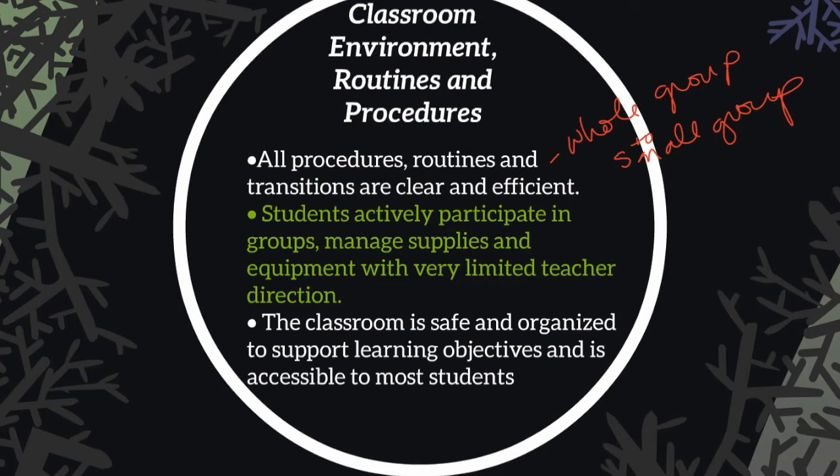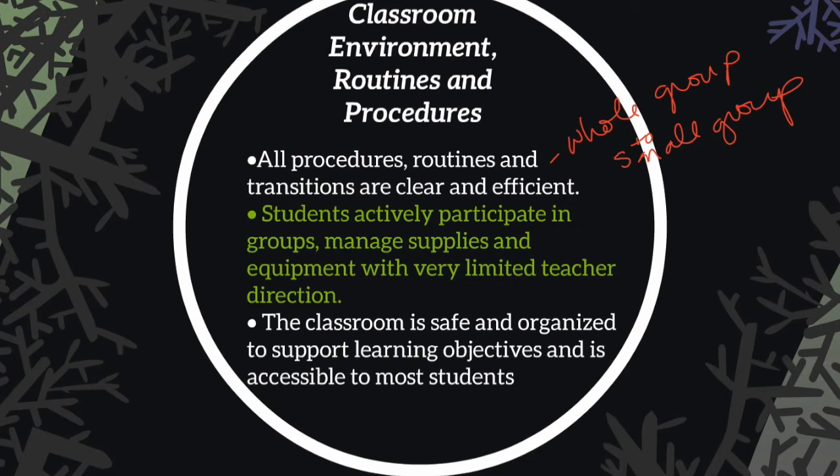So it's just making sure that whatever you have for your procedures, whether it's procedures for when they enter class, procedures for putting things away at the end of class, just make sure that they're very clear and efficient. And the better that the kids understand these routines and they can do the procedures effortlessly, the better that the class will run.